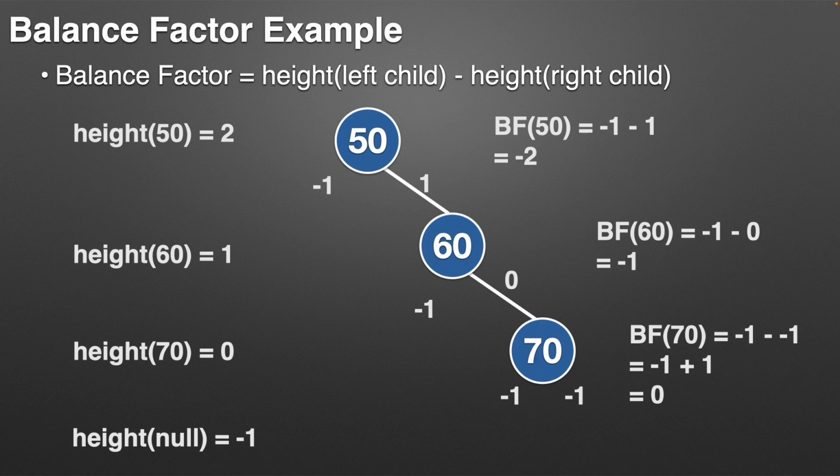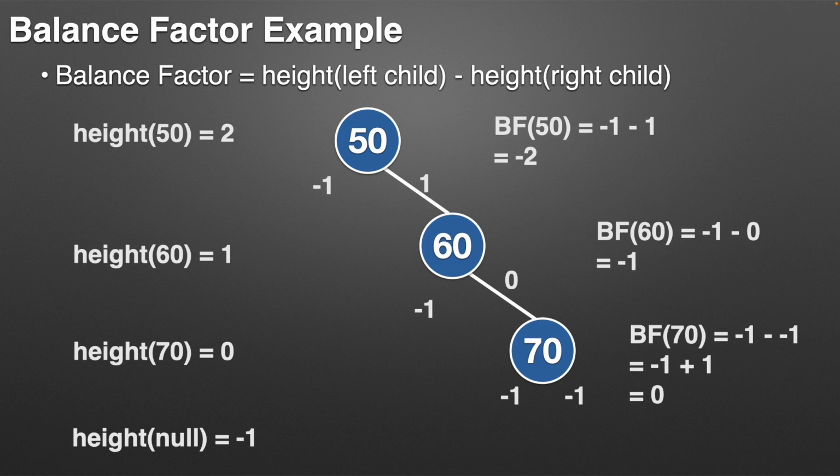We're just getting that 0 from here, height of 70. And so when we add that up, we get minus 1, minus 0, so minus 1. So that node is okay. It's not less than -1, and it's not greater than 1. No problem there.